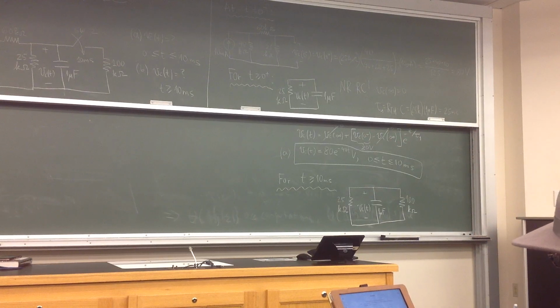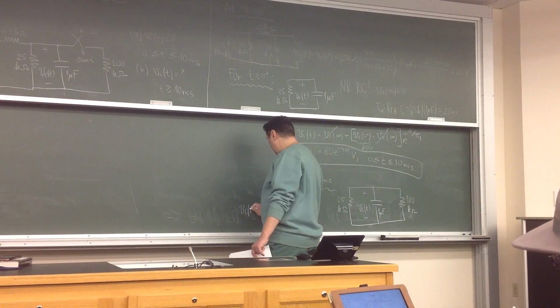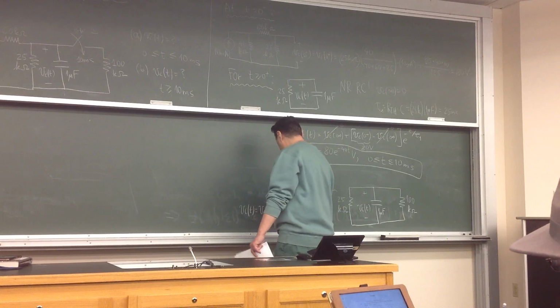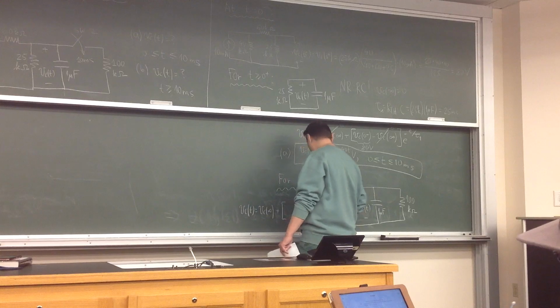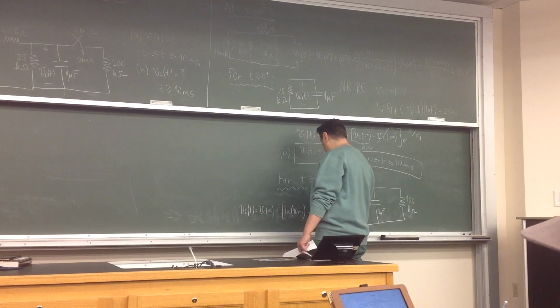So basically what you need to do is find VC of t, which is basically VC of infinity plus, but over here you don't have a VC of 0, but VC of 10 milliseconds, minus VC of infinity.